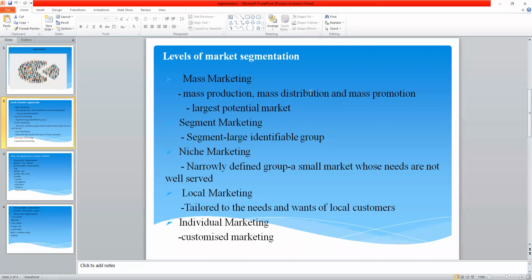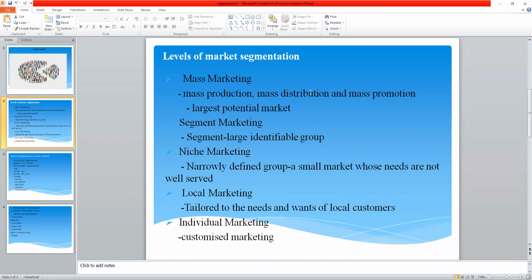Now each segment's buyers are assumed to have similar wants, similar needs, but still we all know that as humans, as individuals, we have our own approach, our own perception and attitudes when we go for purchasing.